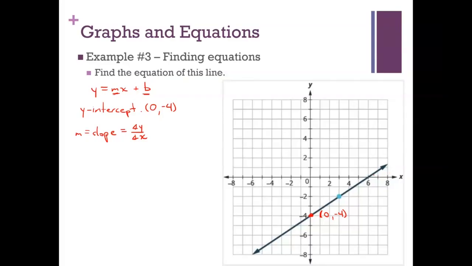What I would do from a graph is focus on the points that cross lattice points. Those are probably going to be the easiest points to figure out the slope.